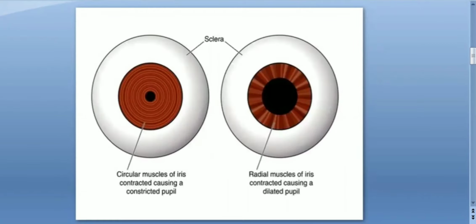See students, the entry of a large amount of light is harmful to the tissue of the eye. Iris and the aperture, that is at the center, called pupil, regulate the amount of light falling on the eye.